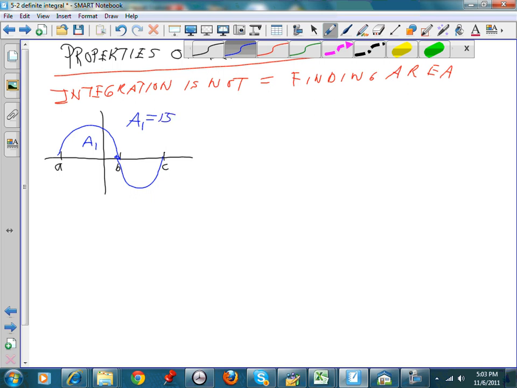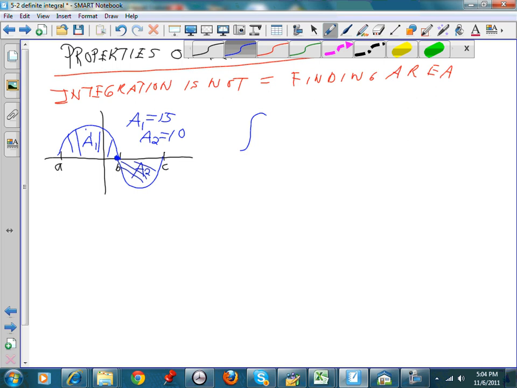The area below the axis from B, this being A2, A2 is equal to 10. Notice it's below the axis though. A1 is above the x-axis.